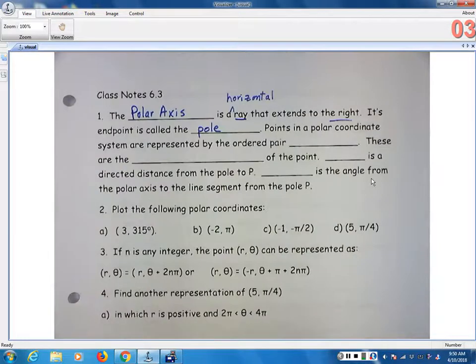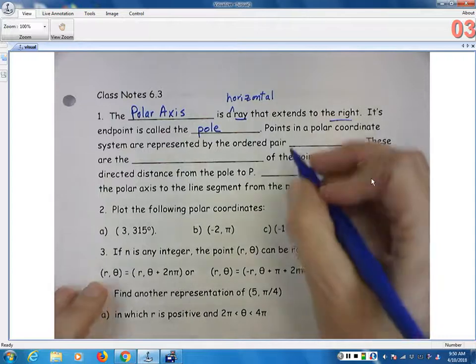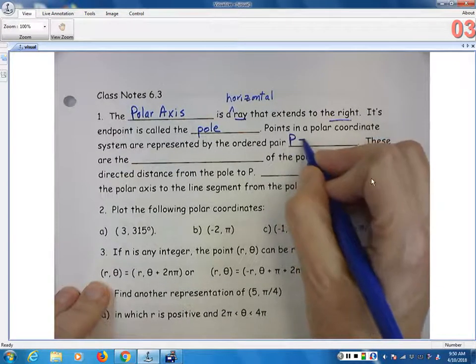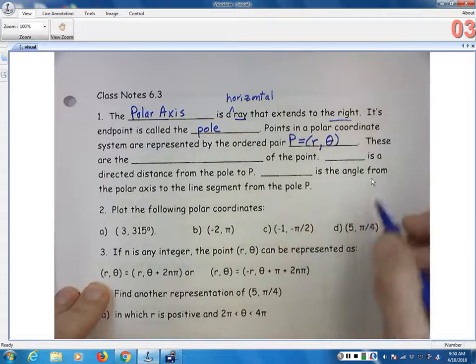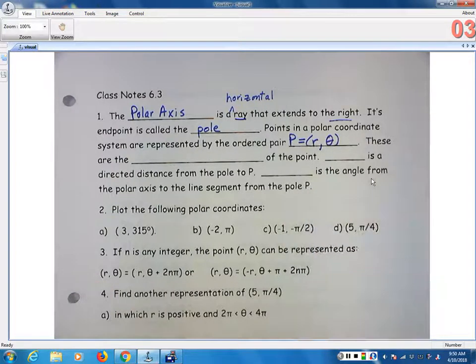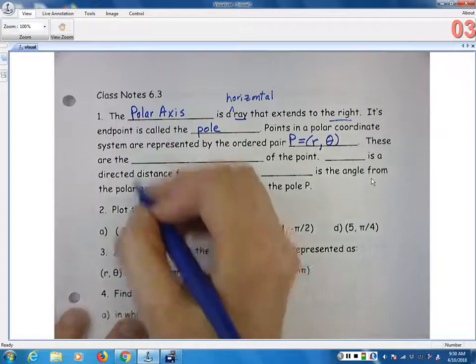Points in a polar coordinate system are represented by the ordered pair P equals (r, theta). So instead of x, y, we have r, theta. These are the polar coordinates of the point.